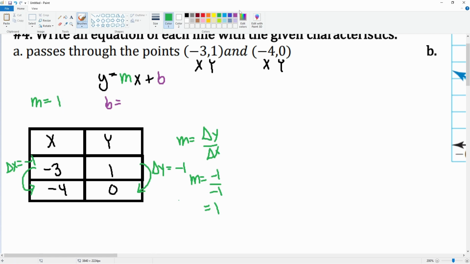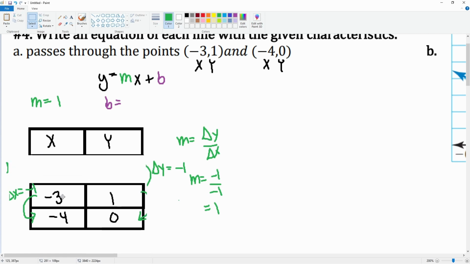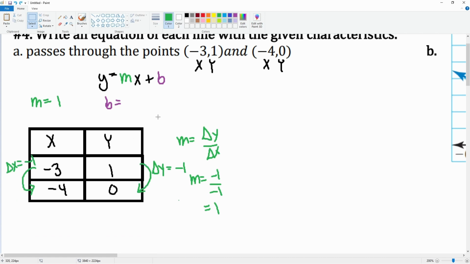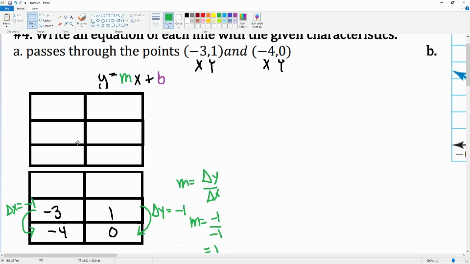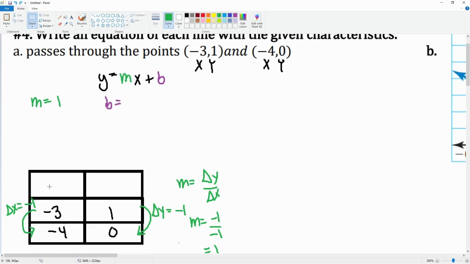The y-intercept, well, this is very hard to get, right? Because it looks like we would have to extend the chart a little bit more. So for example, let me move the chart down. Maybe we can get a couple more pieces of the chart. Let me grab this piece.